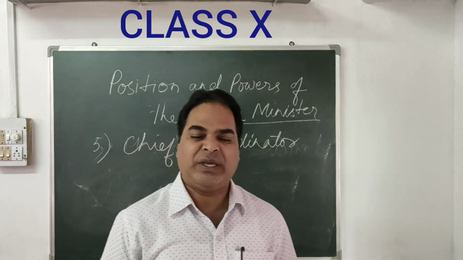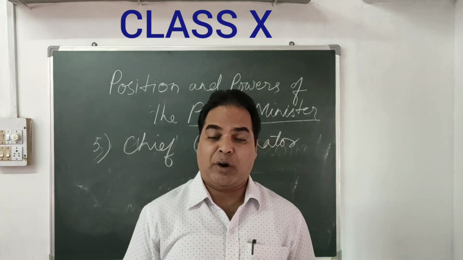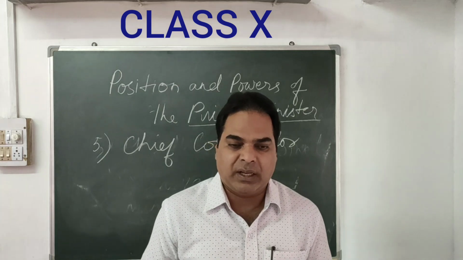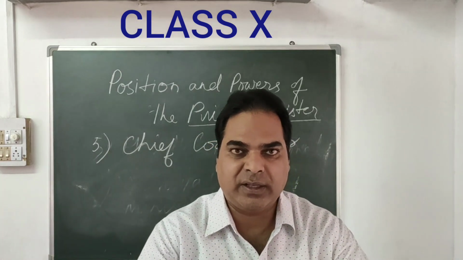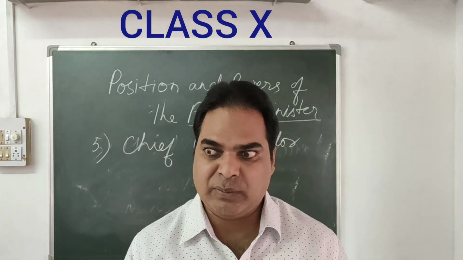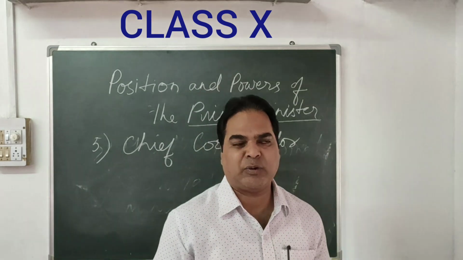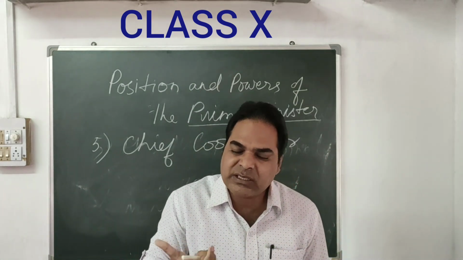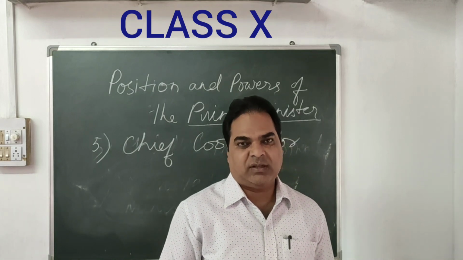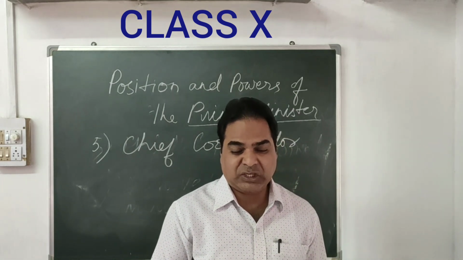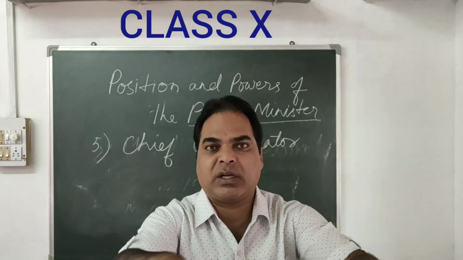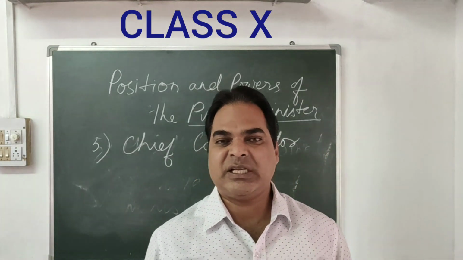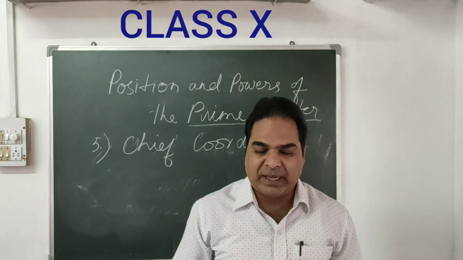He being the chief of the entire council of ministers, or the head of the council of ministers, needs to coordinate the working of various ministries. He has to maintain a very peaceful atmosphere between all the ministers, because all the ministers belong to the Prime Minister. So Prime Minister's helping hands must work smoothly and with coordination. So that coordination is maintained by the Prime Minister.